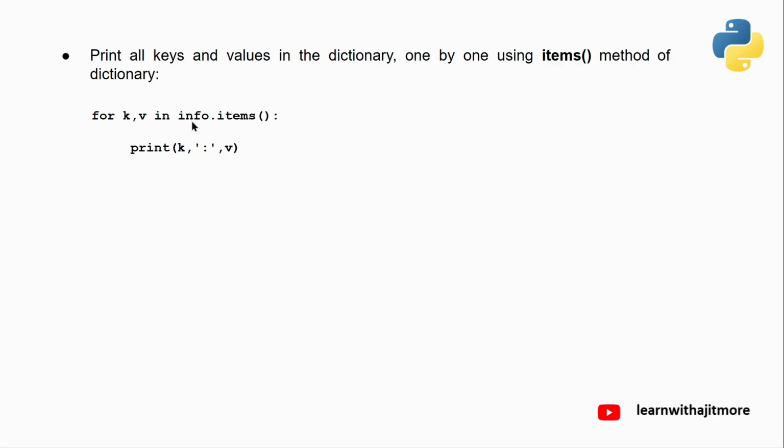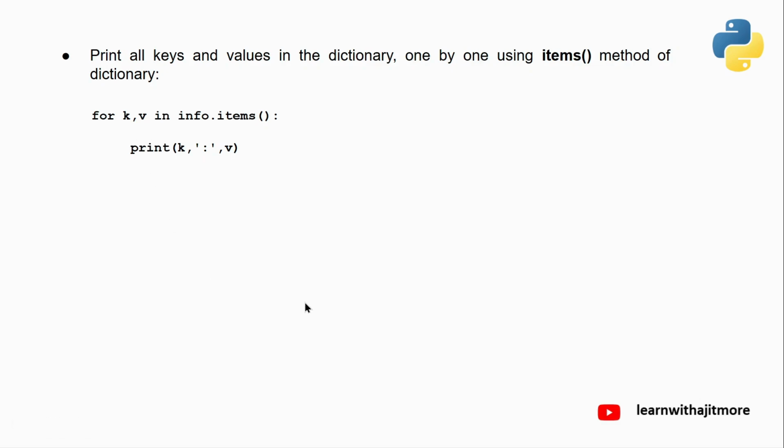See, info.items is going to give you one dict_items iterable, type iterable. And in that iterable, what are there? Tuples are there. And each tuple contains key and value, key value, key value. Then one by one, you're fetching that tuple, and that tuple you're unpacking directly in two variables.